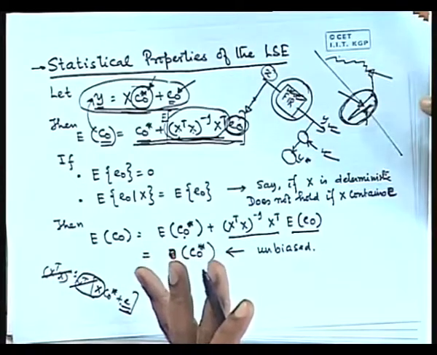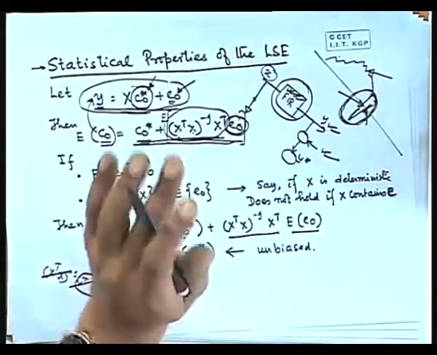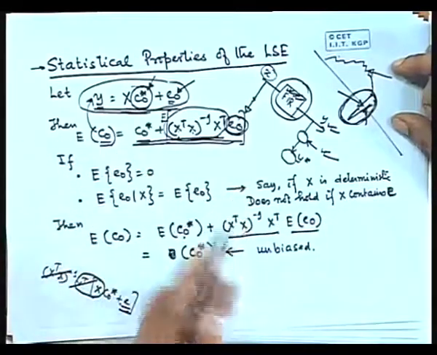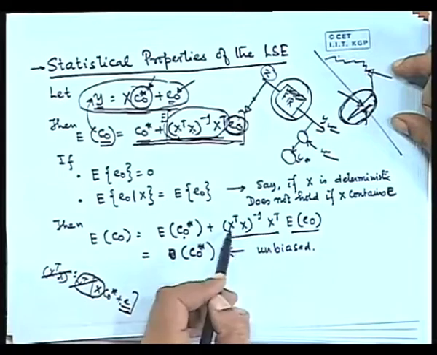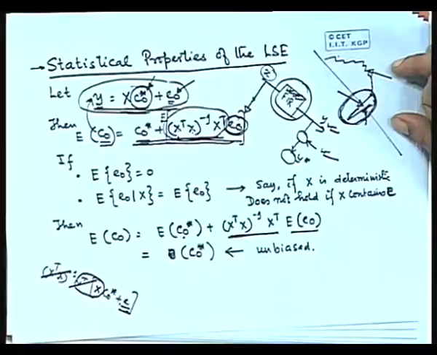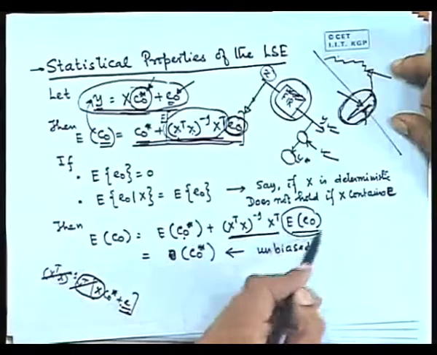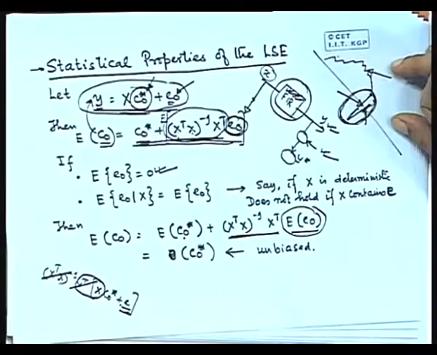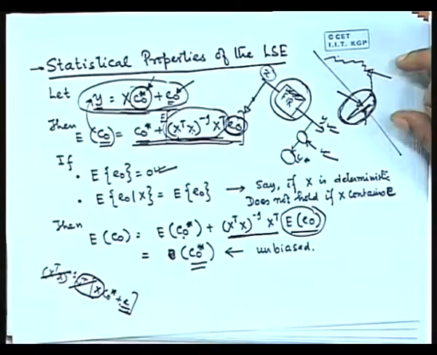You have to remember this. So a very simple result is that if it is deterministic, there is no expectation, it will come out, and if you have this as 0, then you get C0 star.